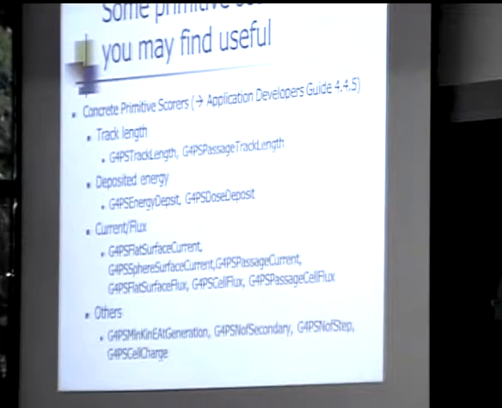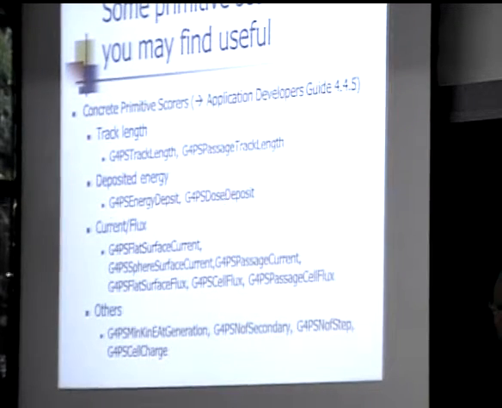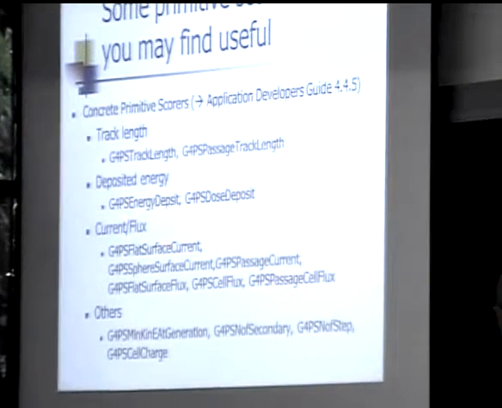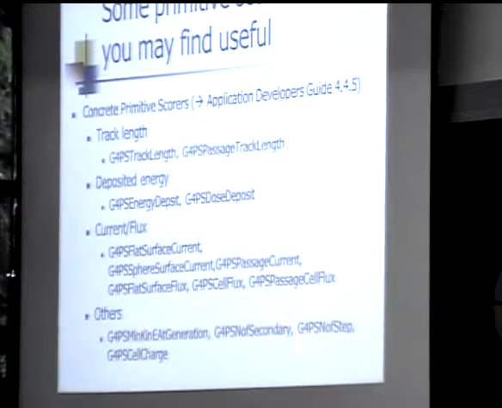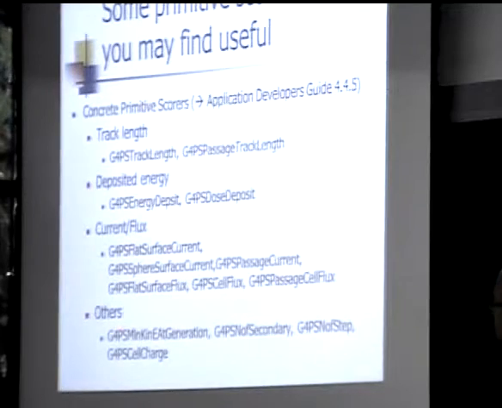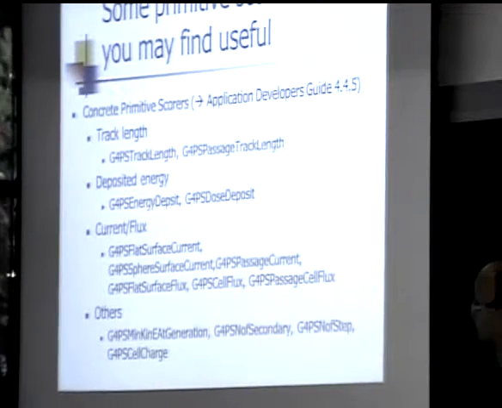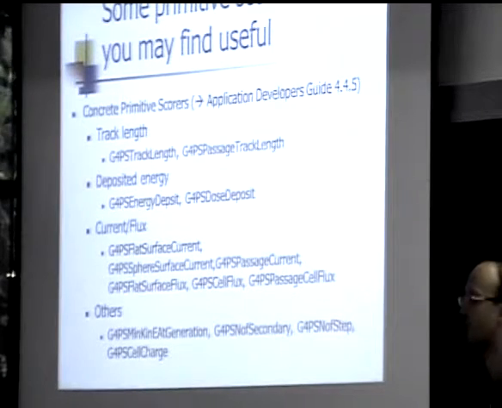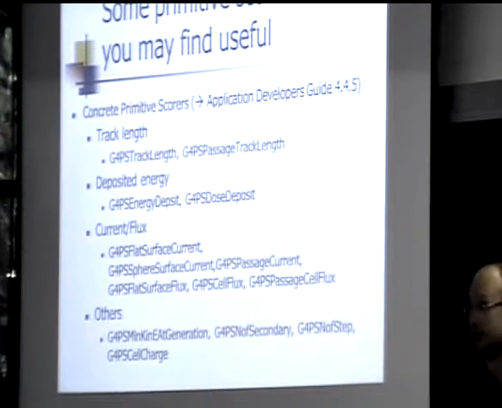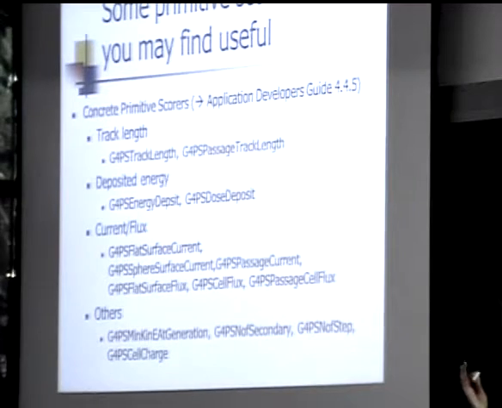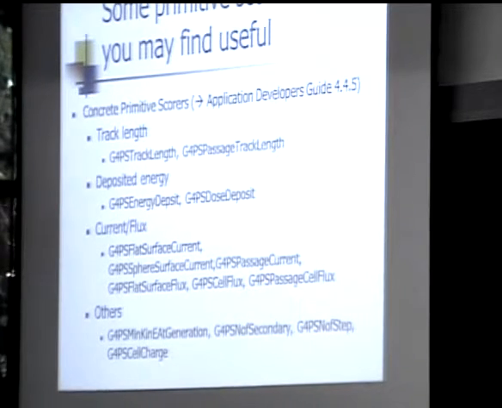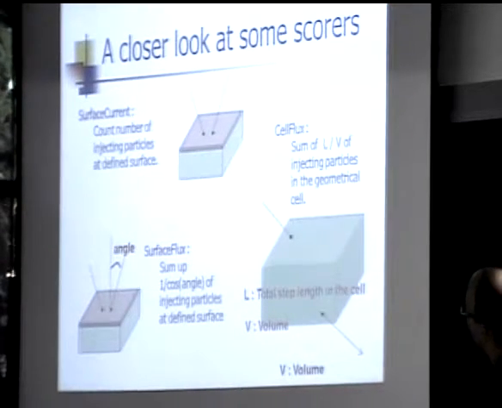There are a few quantities that are already provided by GEANT4 that you can register. You can look at the manual. You can register the energy deposit, the surface, the number of secondaries, the total charge which is generated in the volume, the average track length. So there are a few general purpose quantities that you can retrieve more or less out of the box from GEANT4.